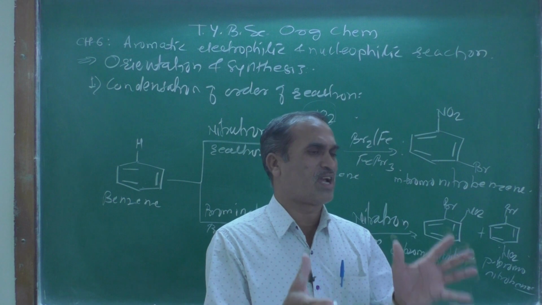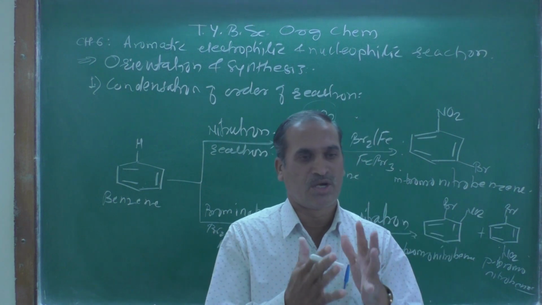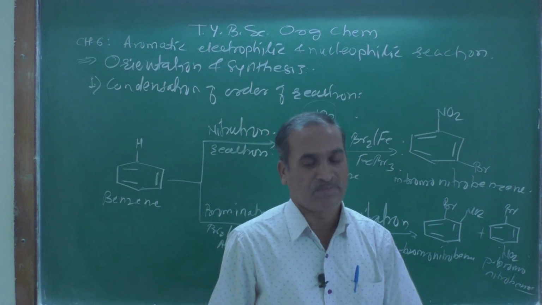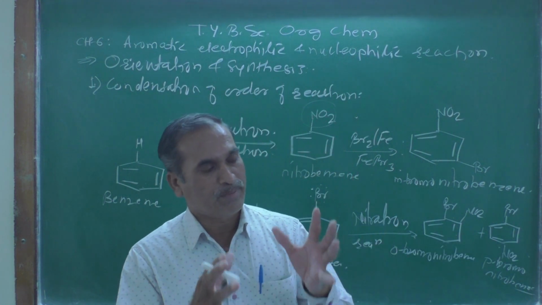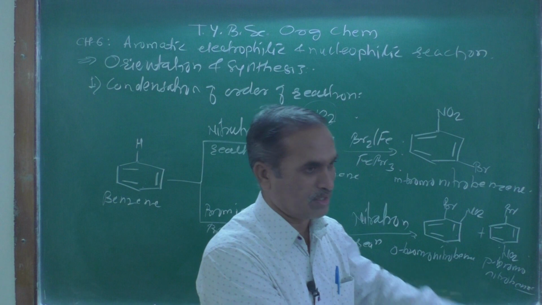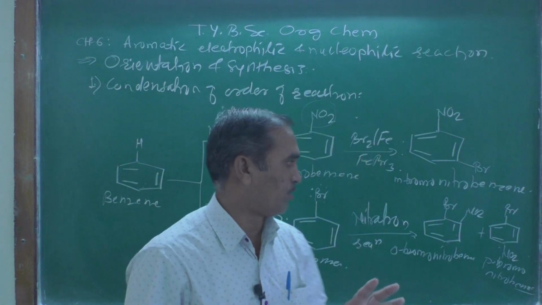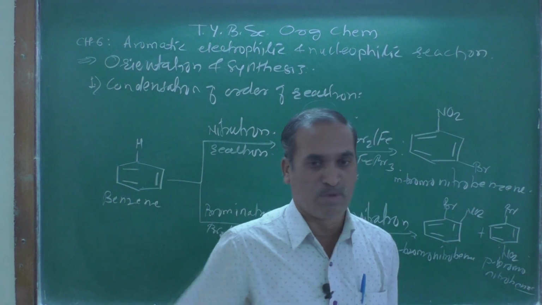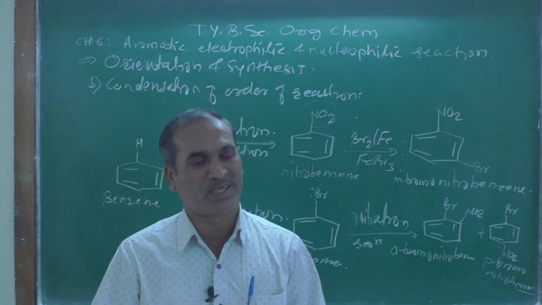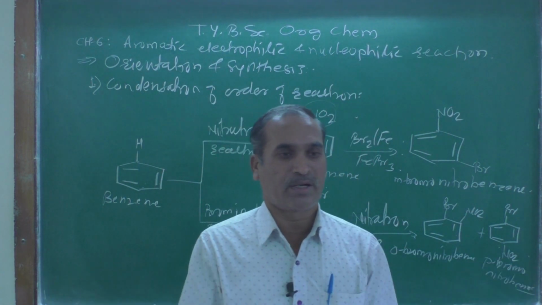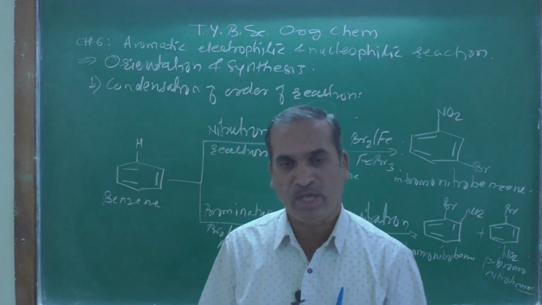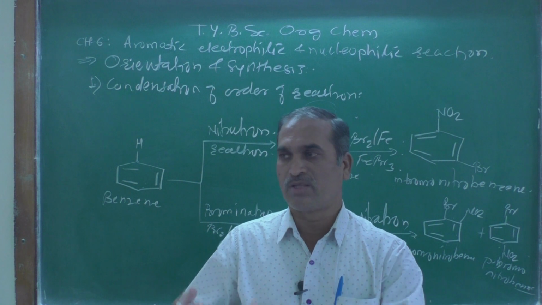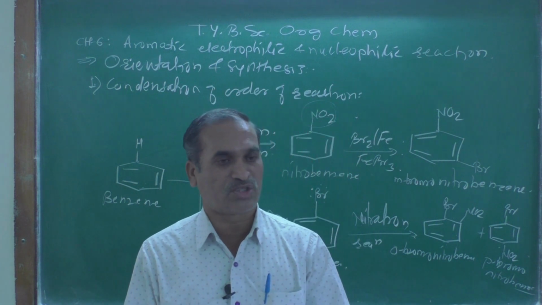So by using fractional distillation, we can easily separate this type of mixture into the pure para compound or the ortho isomer. Para and ortho isomers can easily be separated by these two techniques, either by fractional crystallization or by fractional distillation.